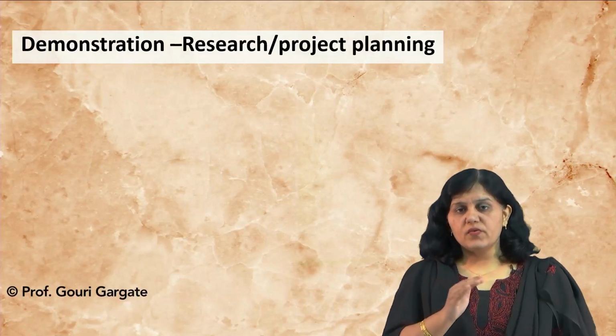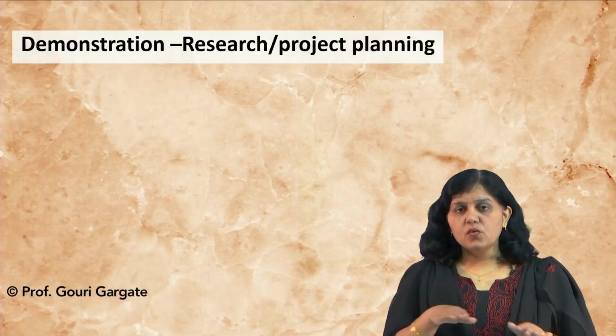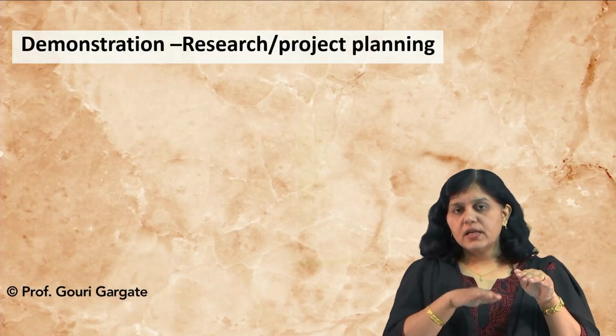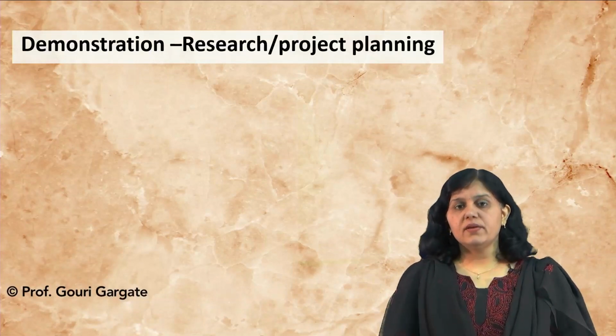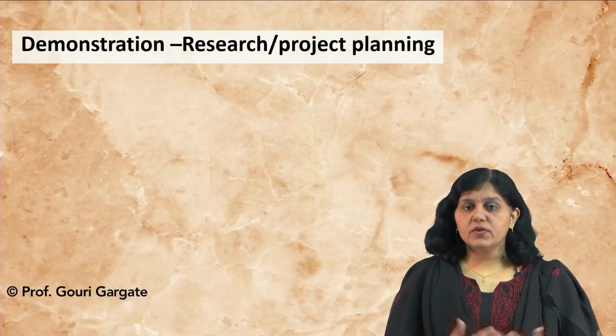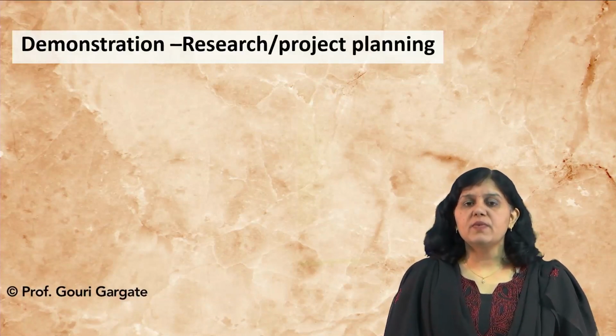Your activities can run in parallel, the research, the IP generation, then commercialization, and that will be, I guess, more beneficial for your research activity. So you can use this best for your research planning.